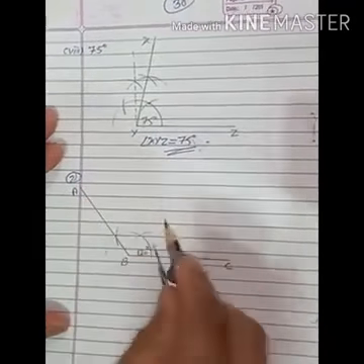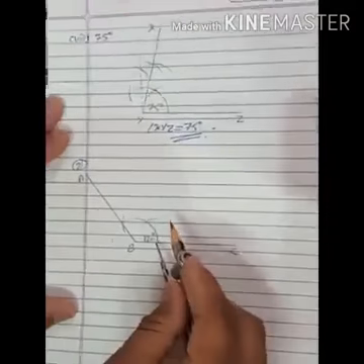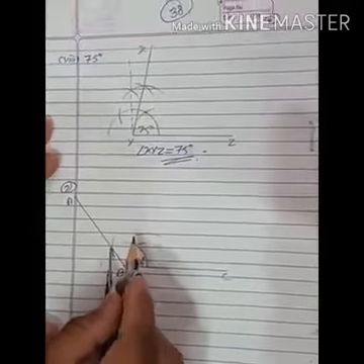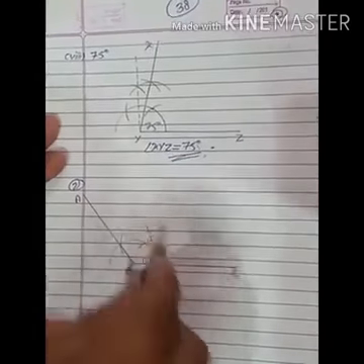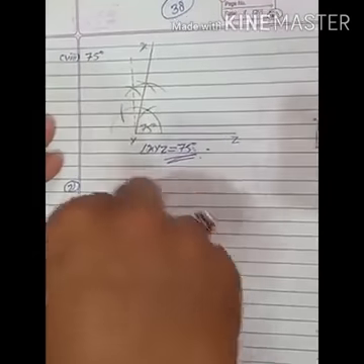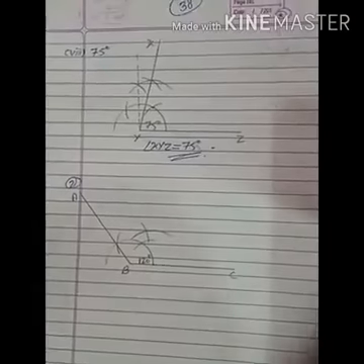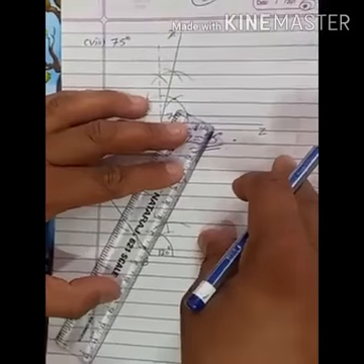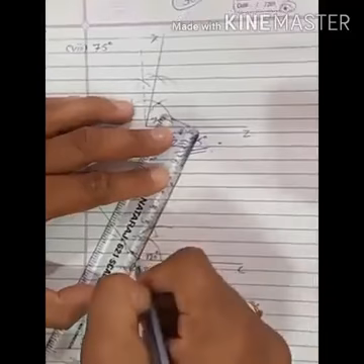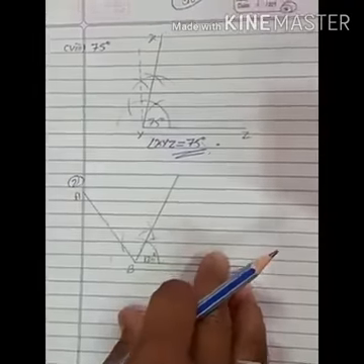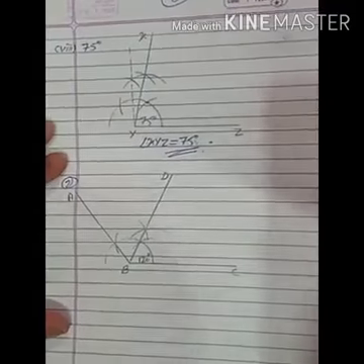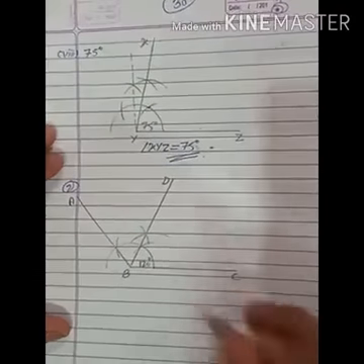Here we can increase the radius of this compass. So this, and from here also this. Now join this. ABC, here we can write D. Now angle ABC is bisected.